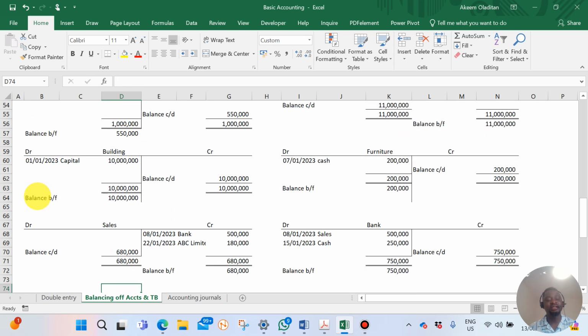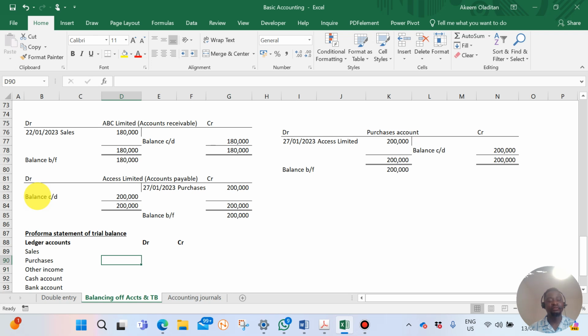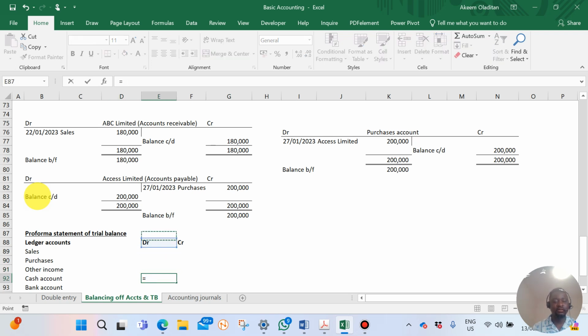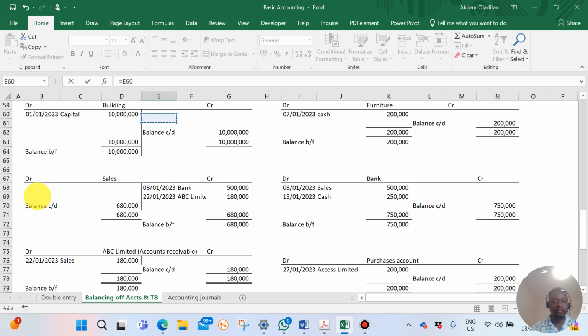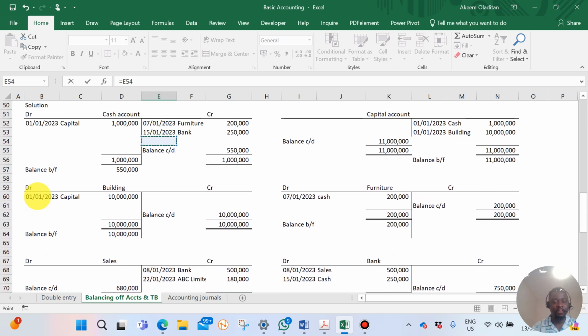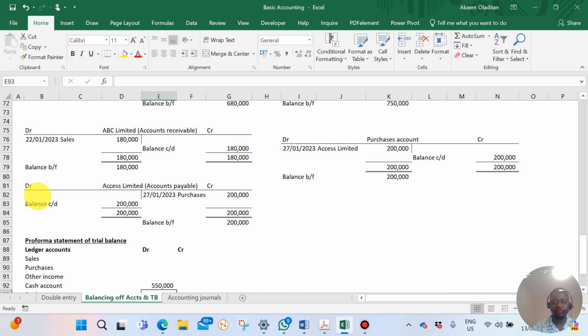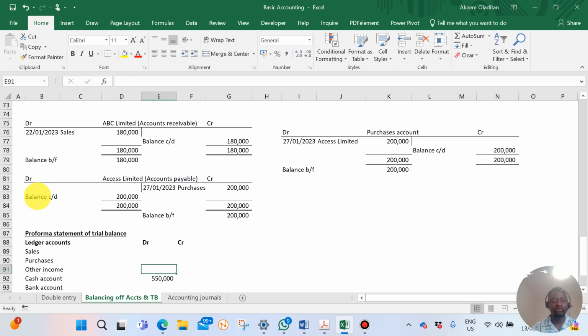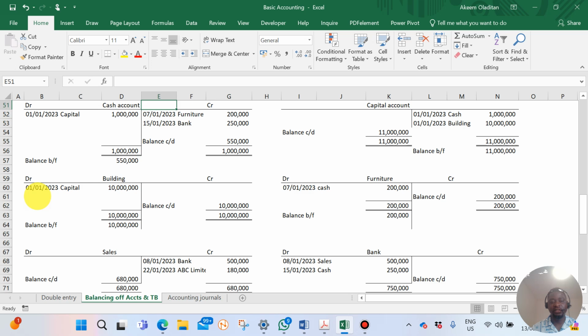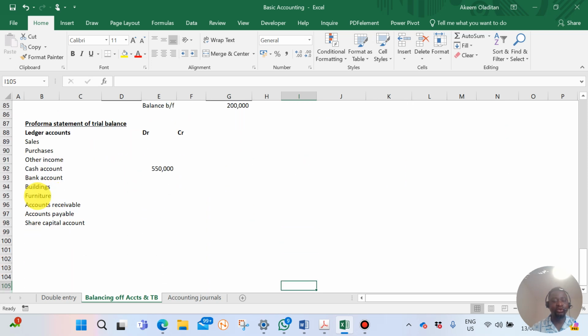So that debit side cash account, where is the cash account? This is the cash account. Just link it: balance brought forward, 550. So which account is the next account on the side? It is the capital account, and that capital account shows on the credit side. So capital account.